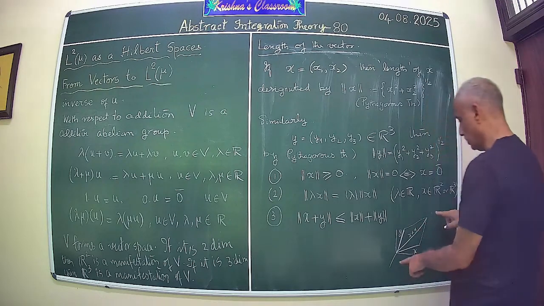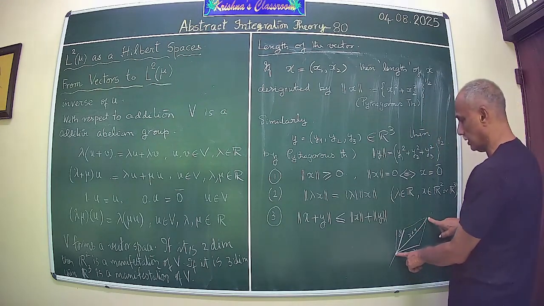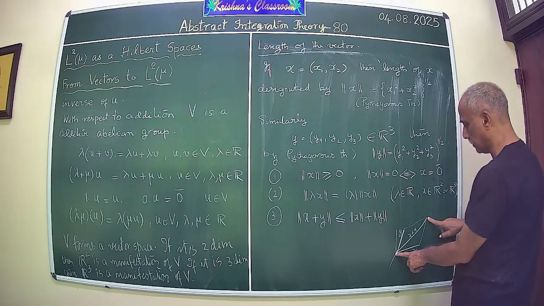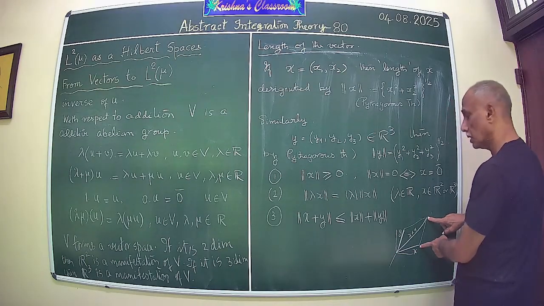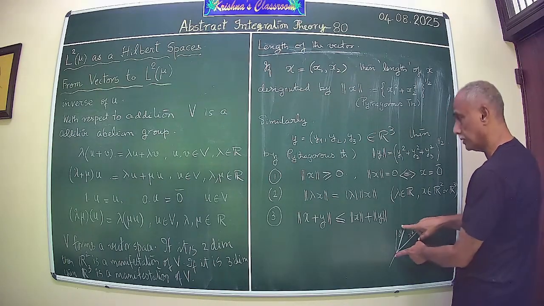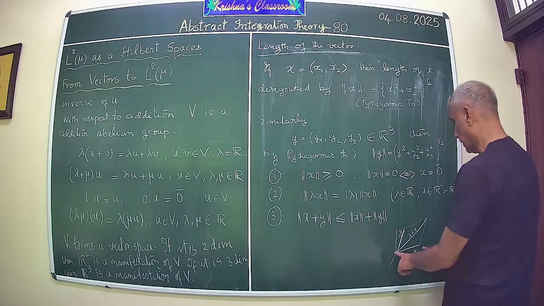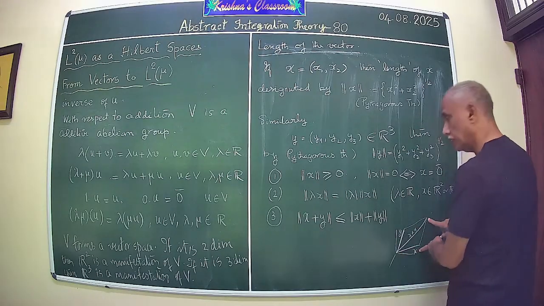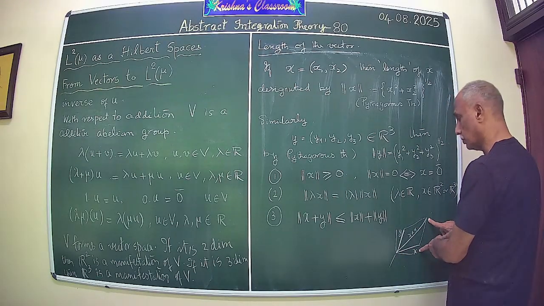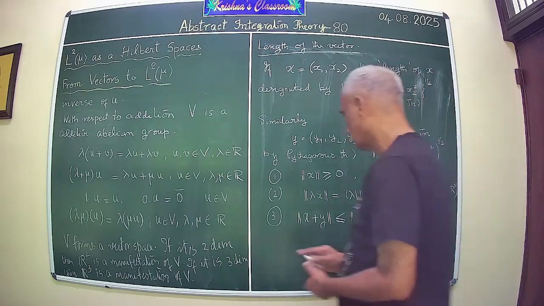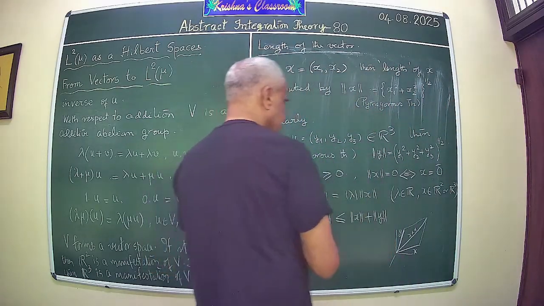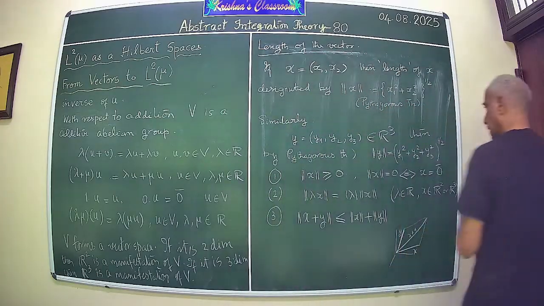So the norm of or the length of x plus y is this. Therefore, length of x plus length of y is greater than or equal to length of x plus y. This is the general property of the length function.